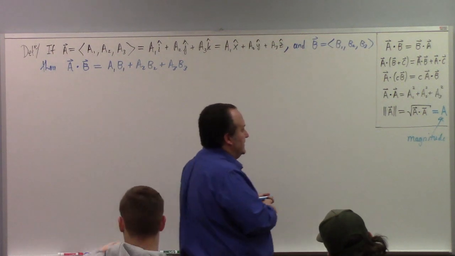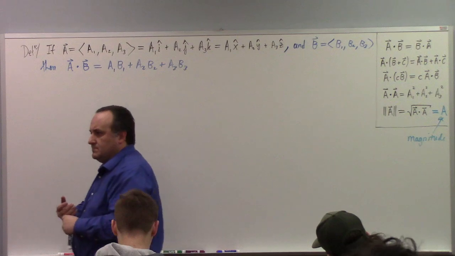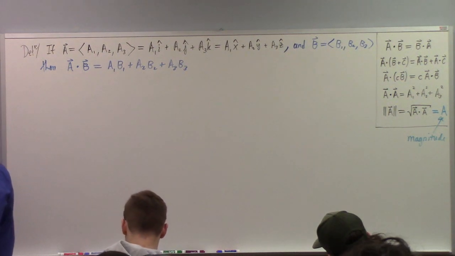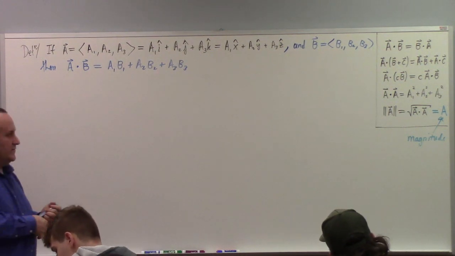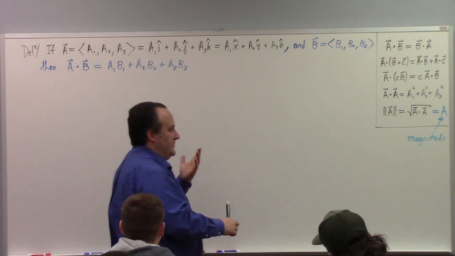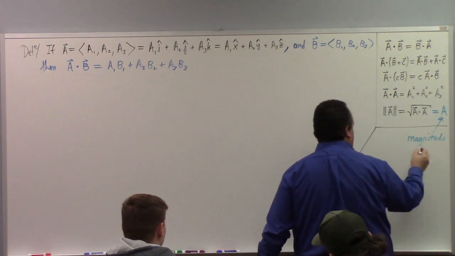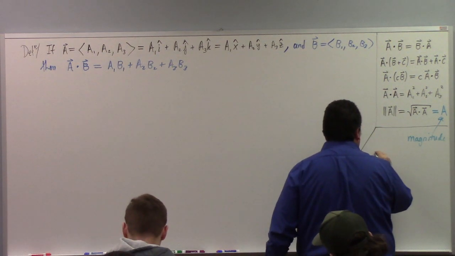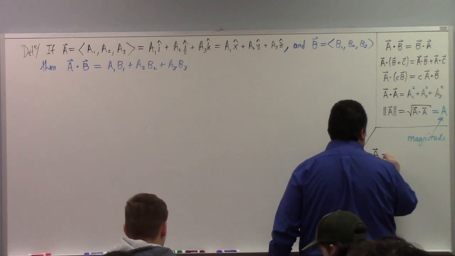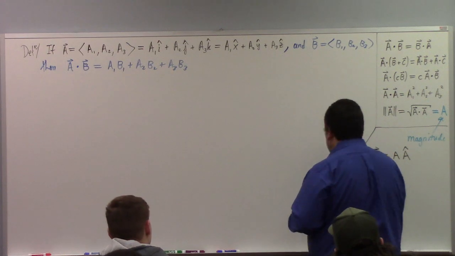Have you guys talked about unit vectors in here? Slightly? All right. So what's the significance of the magnitude? I'm chasing a rabbit here for a second, but I've only got so much board space. Any vector, almost any vector, can be written as a times a hat.